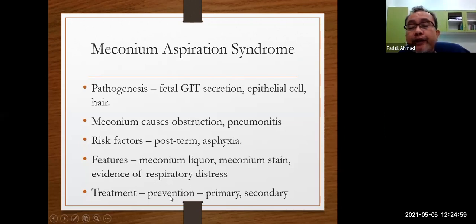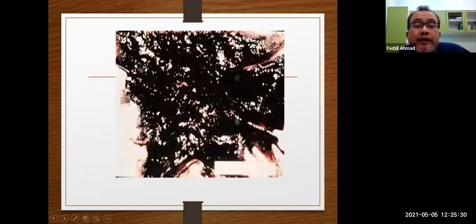Treatment-wise, it is mostly prevention, avoiding the fetus having distress in utero. If the baby is born with a lot of meconium, there are certain procedures we can do to minimize meconium being aspirated into the lung.